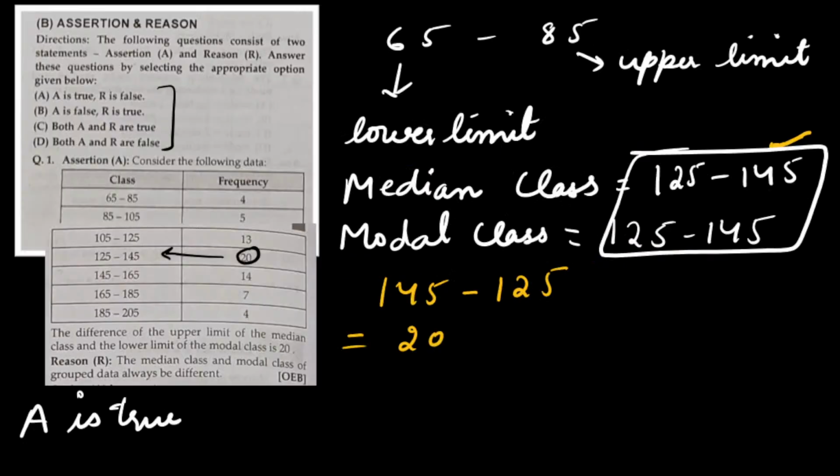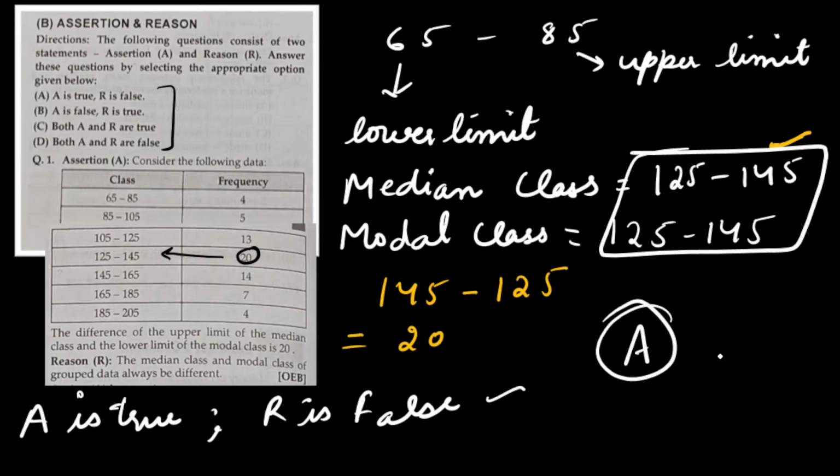So they can be the same, they can be different also. It is not confirmed that they will always be the same or always be different. So here A is true, R is false. So that means which option? Option A. Just make sure whenever you are attempting this question, you write the option also. So option A is the correct option.